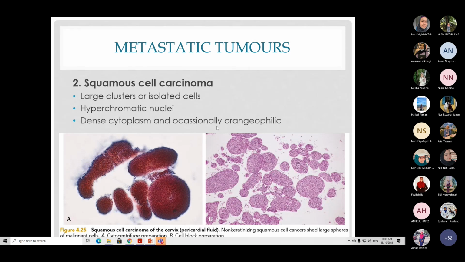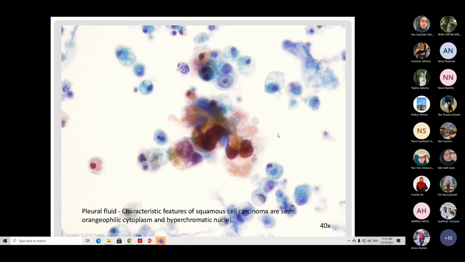I think squamous cell carcinoma is really easy to detect because it is orangeophilic, orange color. If you see cells with this orange color, you know already, oh, this is not a malignant cell from the mesothelial cell itself. This is a second population, a foreign cell that traveled to the serosal cavity.